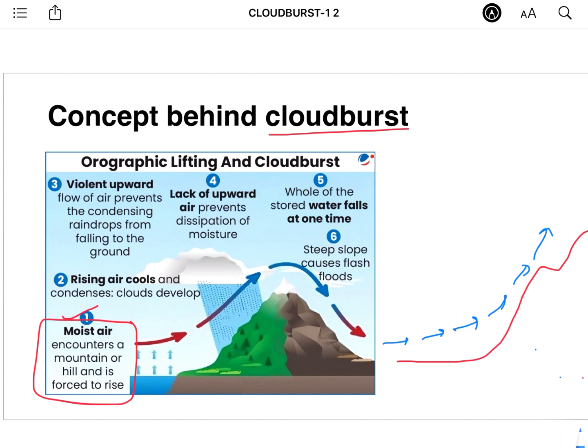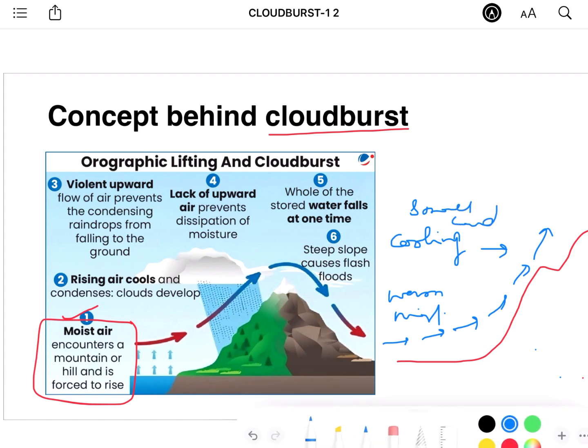So when the warm and moist air starts rising, it starts cooling because of reduced atmospheric pressure at the higher altitudes, and it further rises up and further cools, and small condensation will start. So here condensation will start. But what is happening?